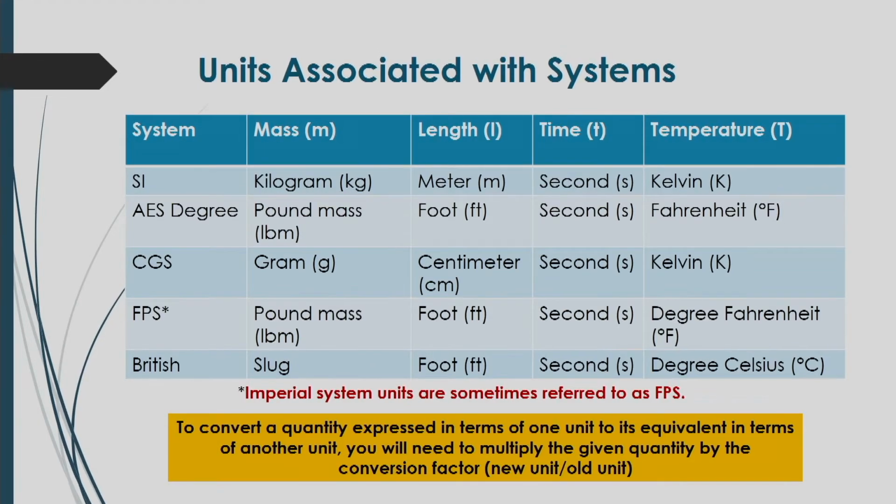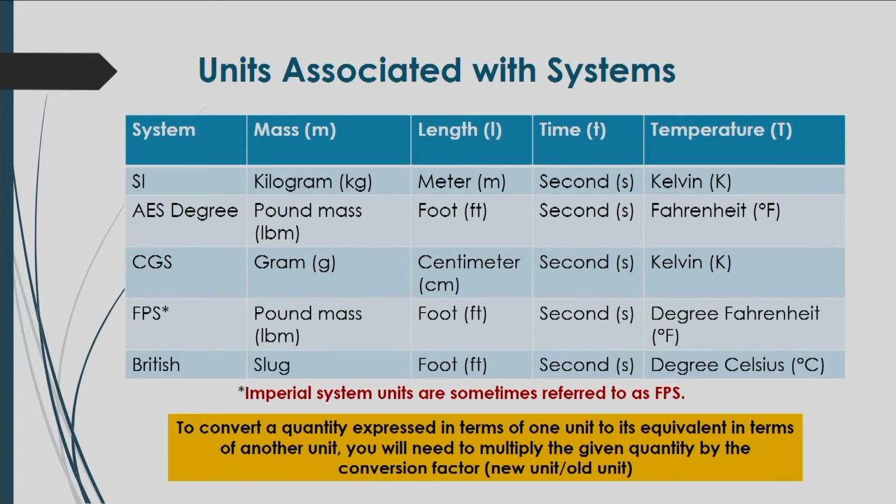So, SI systems follow like this, whereas if you consider the FPS system, there you will see that pound mass is the unit for mass, foot is the unit for length, second is the same as SI for time, and temperature is Fahrenheit.